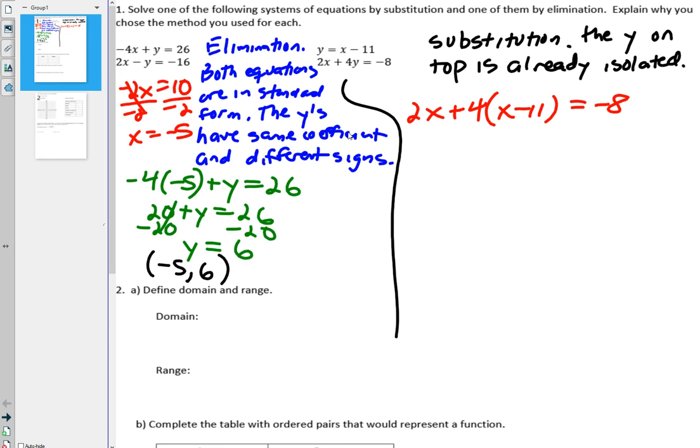It's already equal to what? What have I accomplished by substituting? One variable. Yes, I'm down to one variable. Now that I'm only down to x's I can solve.